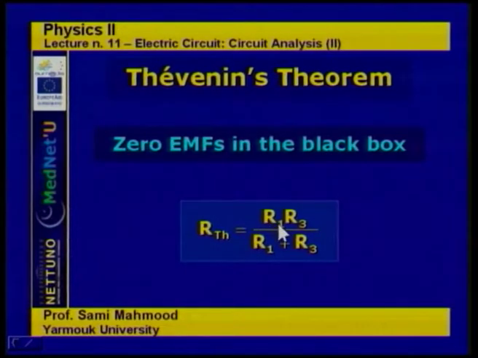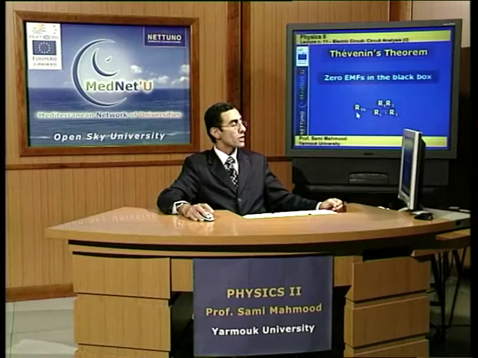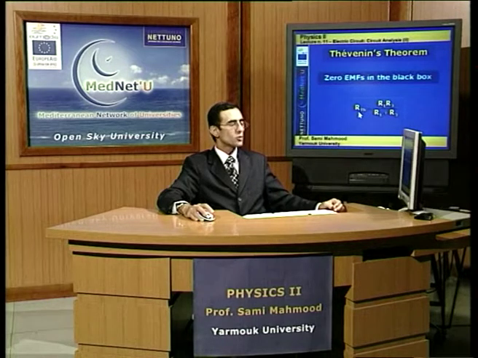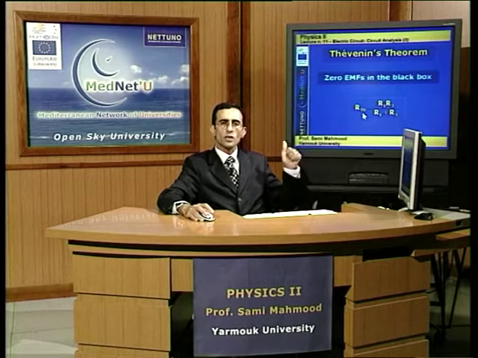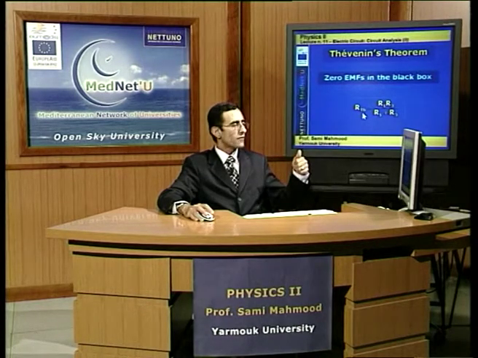The equivalent resistance for R1 and R3 in parallel is simply R1 R3 over R1 plus R3, as we learned before. So R Thevenin should equal R1 R3 over R1 plus R3. Thus, we have determined the 2 Thevenin's equivalents, which are epsilon Thevenin and R Thevenin.